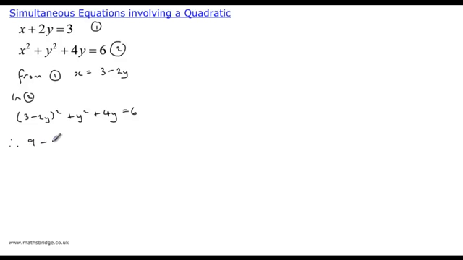And multiplying the bracket out here, and collecting like terms so that I now have a quadratic equation in y which I need to solve.